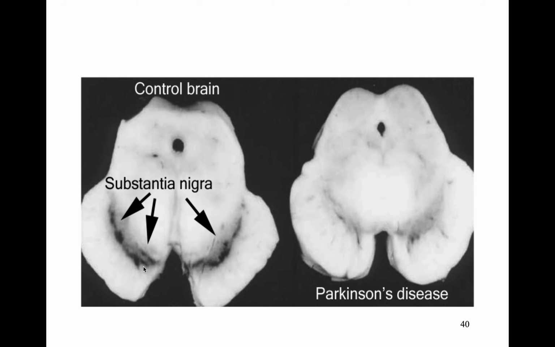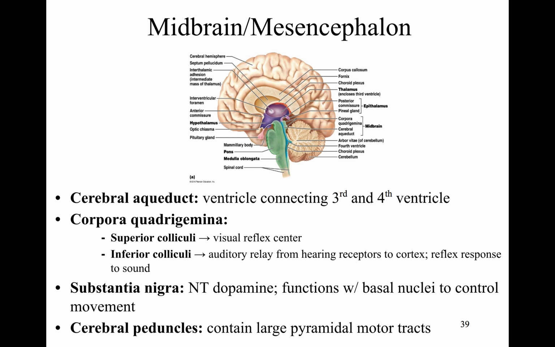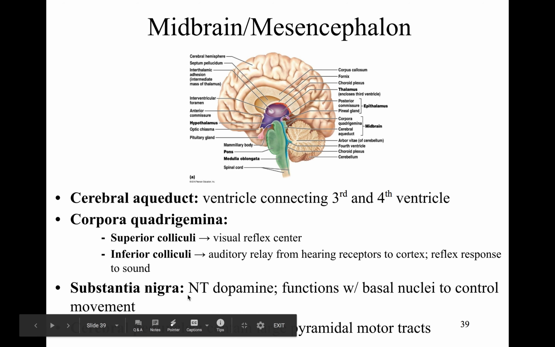So the substantia nigra are pigmented nuclei. So these are neuron cell bodies, or neurons, that contain the pigment melanin. Melanin is a precursor for dopamine. So the substantia nigra are going to contain neurons with the neurotransmitter dopamine.